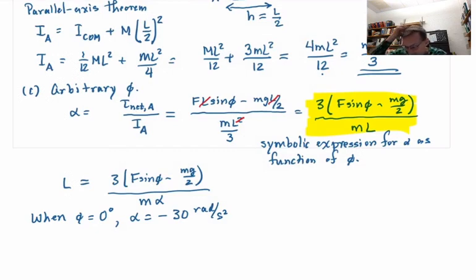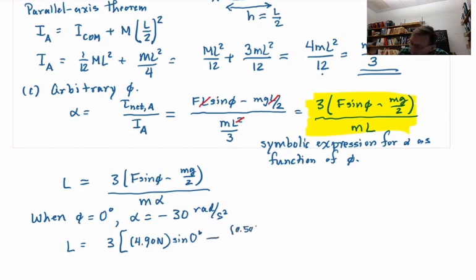So that means we substitute phi equals 0 and alpha equals negative 30. Let's see what we get for L. 3 times F, hey, we just found F, 4.90 newtons, times the sine of phi, 0, minus m, 0.5 kilograms, times g, 9.80 newtons per kilogram, divided by 2.